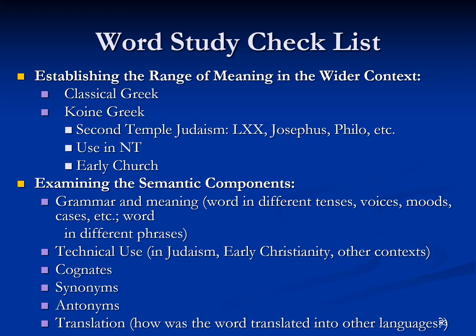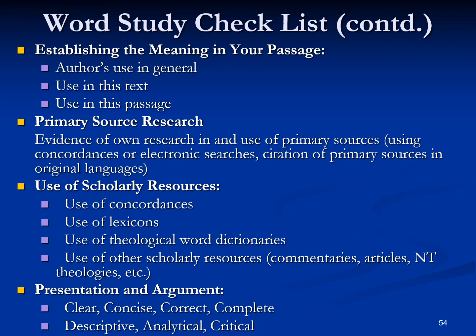Explore the translation. How was the word translated into other languages, like from Greek to Latin? Also, as you establish the meaning in your own passage, you'll be looking at the very narrow context of the use by the author in this text and in this passage. Engage with primary source research, use scholarly resources, and then present your argument.